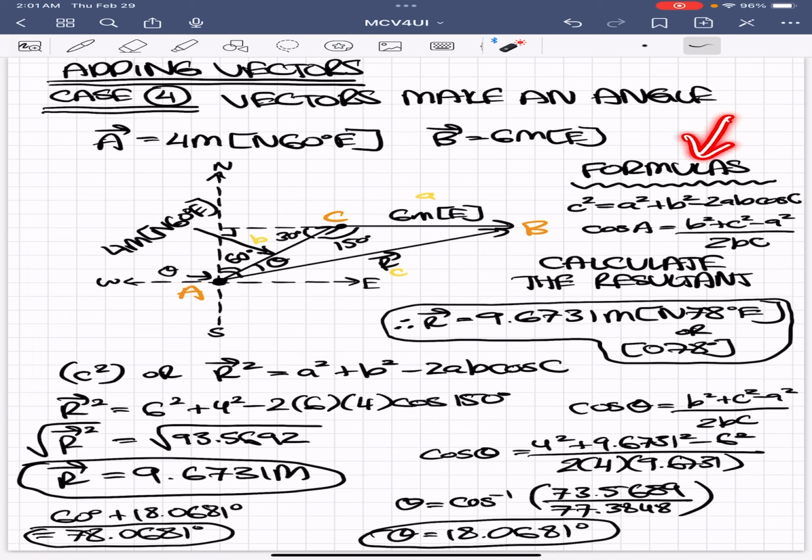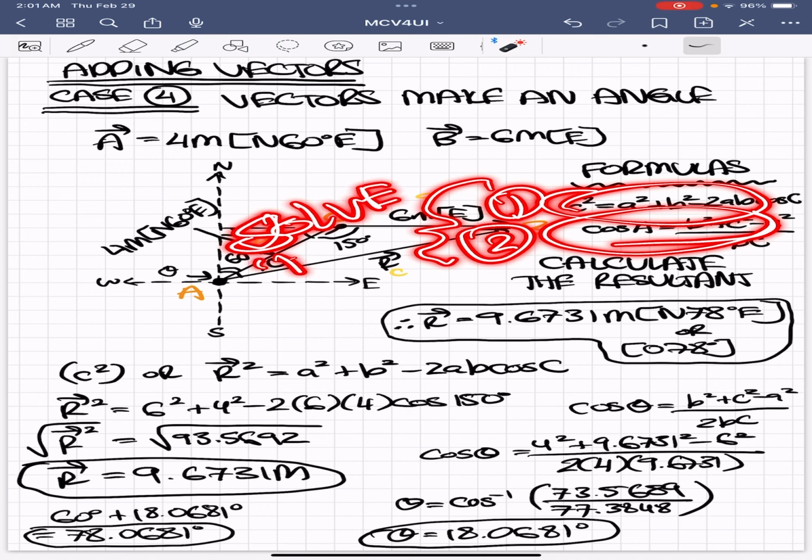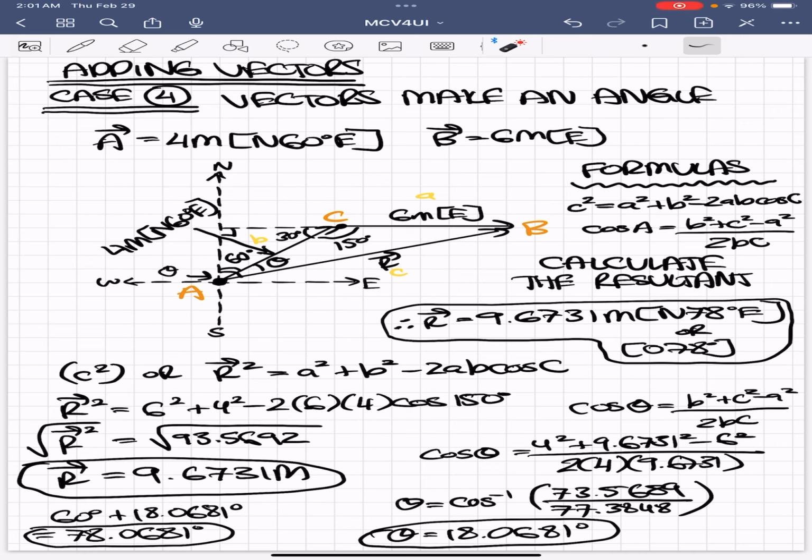So the formulas we'll need are the cosine law, and then the angle cosine law. 1, 2, that's what we're going to need to solve these questions. Okay. So calculate the resultant.